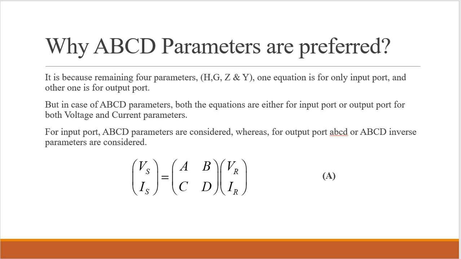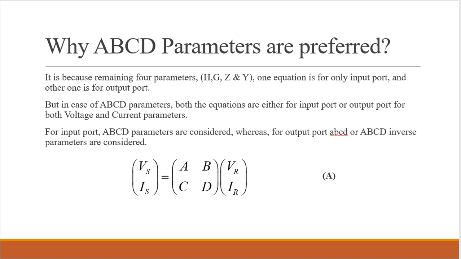Whenever I write this equation of ABCD parameters, it will be depicted like this, where we have Vs and Is, and here we have A, B, C and D, and on the other hand I have Vr and Ir, right?